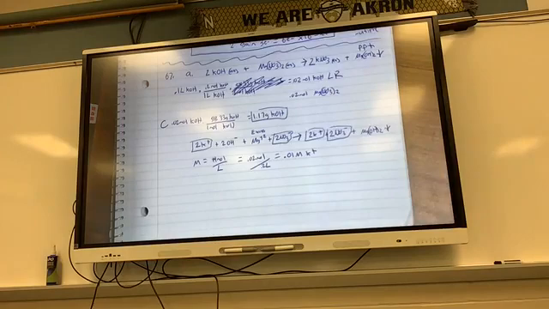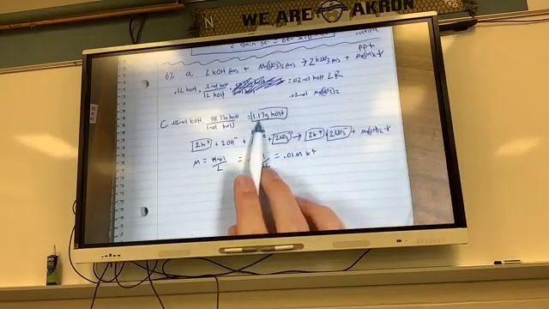Are we good so far? Why did you add again? Because 100 milliliters is mixed with 100 milliliters, so you have to add those two together. 100 plus 100 is 200. The other one is going to be NO3.